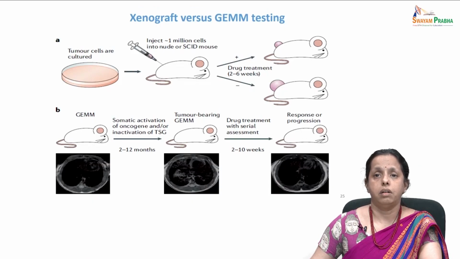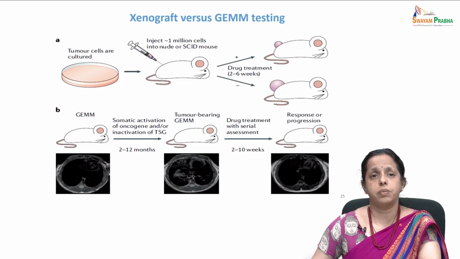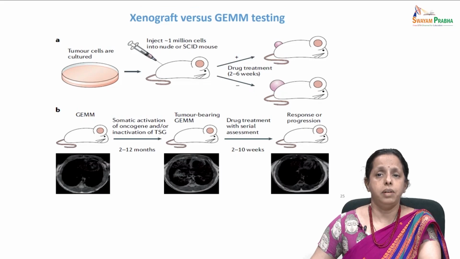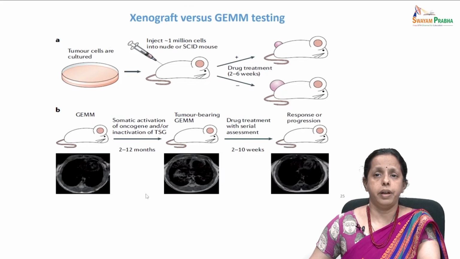In these mice, the TSGs are inactivated somatically, generally through temporally controlled and tissue-specific expression of the Cre recombinase. Animals then develop tumors in the tissue of interest, in this particular case, the lung. So, tumor-bearing genetically engineered mice, when treated with the compound, are serially assessed for the response.